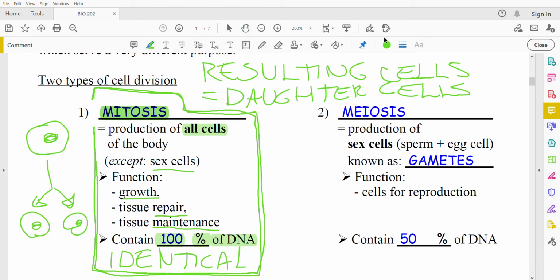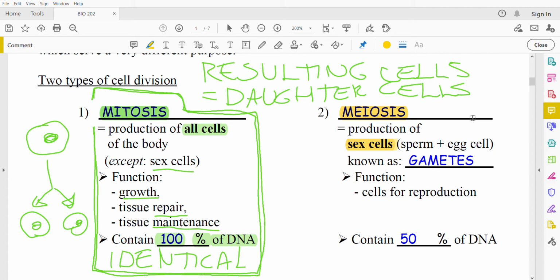Meiotic cell division is very different from mitotic in a few ways. And probably the biggest difference is that we only see the meiotic cell division taking place in the production of two types of cells in the body. So that's in the production of the sperm cells and also in the production of the egg cells.